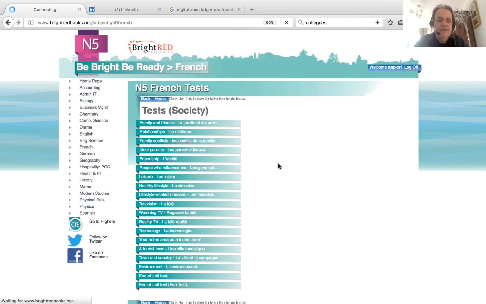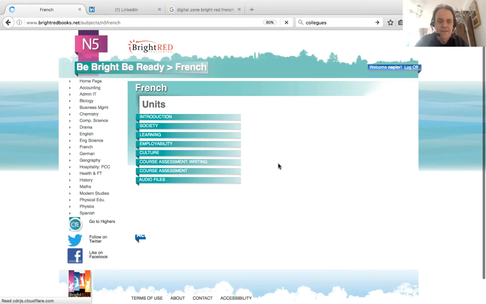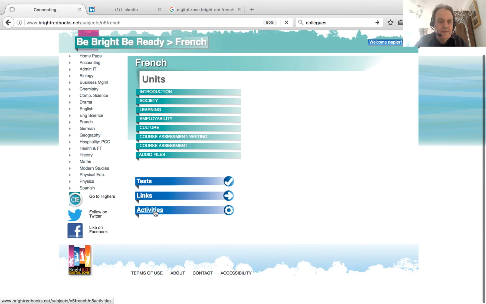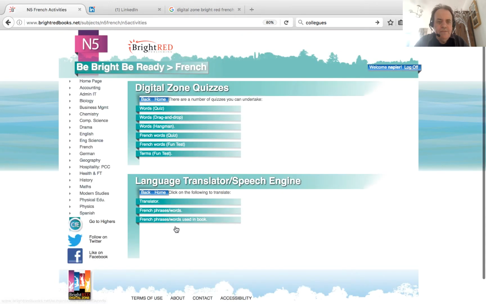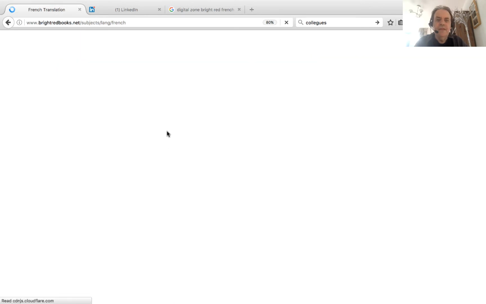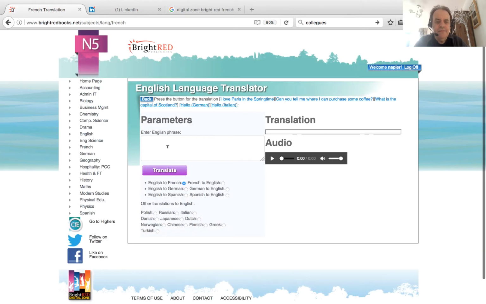Okay, and then there are other elements inside the system, so there's a little translator that we can use to translate from English into French.